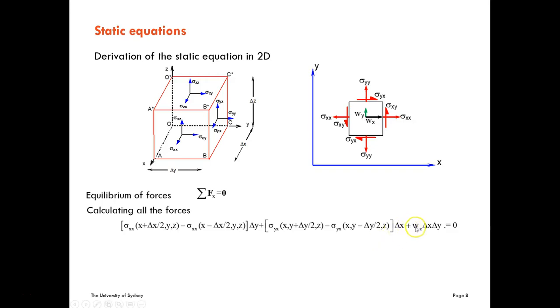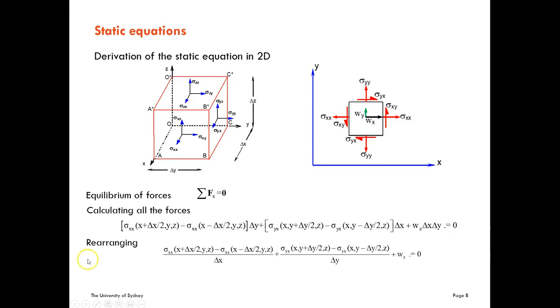Now we are going to divide all these equations by delta x, delta y, and then I get this. I get here a term, another term, and these terms can be approximated by the partial derivative of sigma xx with respect to x, and the partial derivative of sigma yx with respect to y. And this is the unit weight.